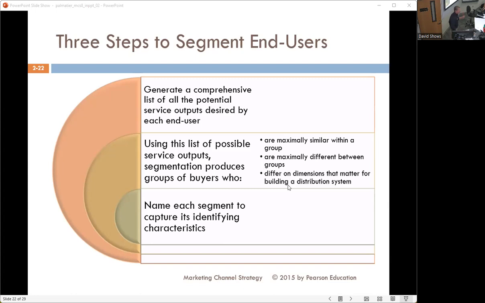And so the steps are: you generate a list of those things that are important. You use this to create a market segmentation, everything that they are and nothing that they're not, and that they differ in matters of channels of distribution, and then you name it.